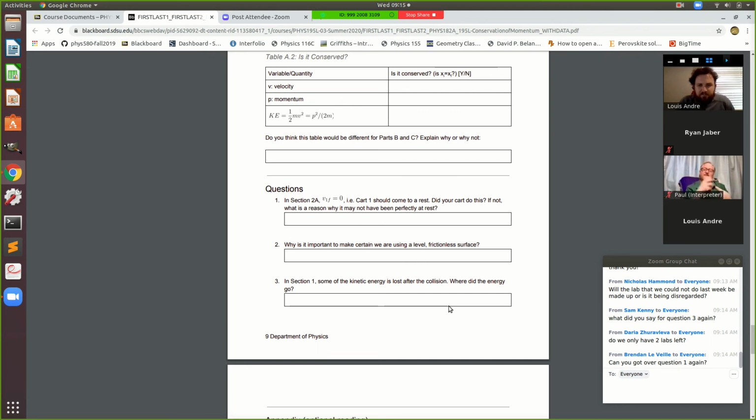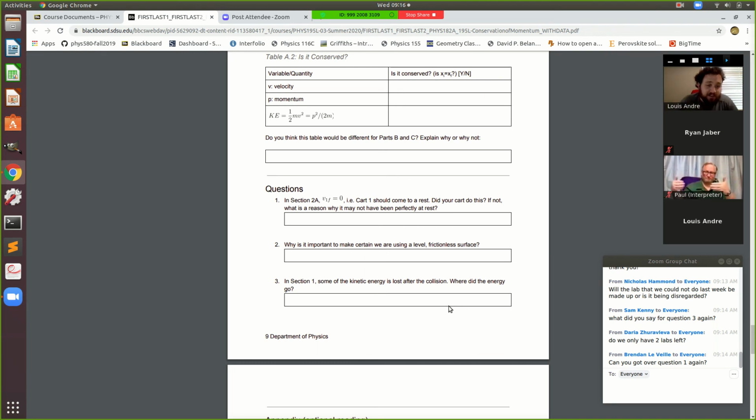Question 1. So the second cart was at negative 0.001 or something like that. The reason why is because the masses weren't perfectly the same. If the masses were perfectly the same, then one cart's motion would trade into the other cart. So the cart would be sitting here, and you have one cart come in and hit that one, and then the cart that was moving originally would stop, and the cart that was originally stopped starts moving.